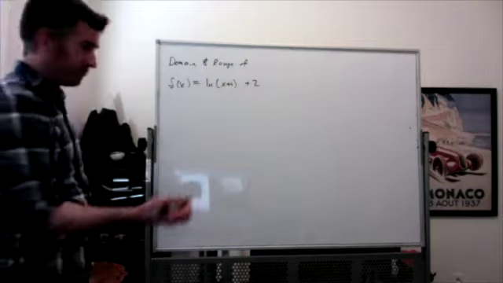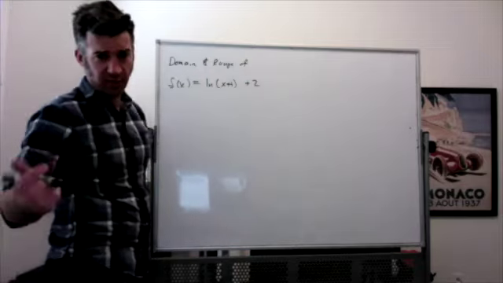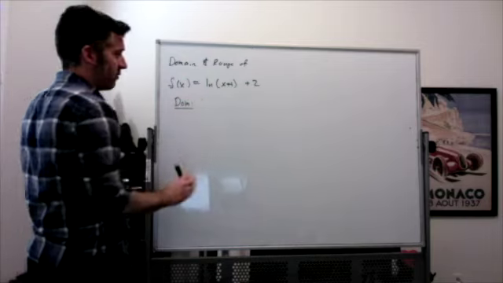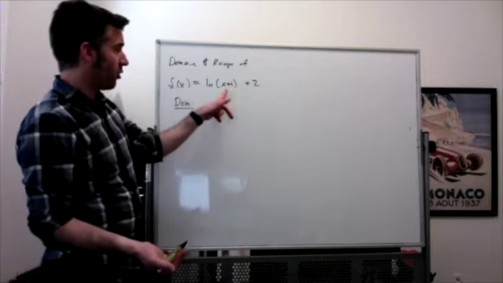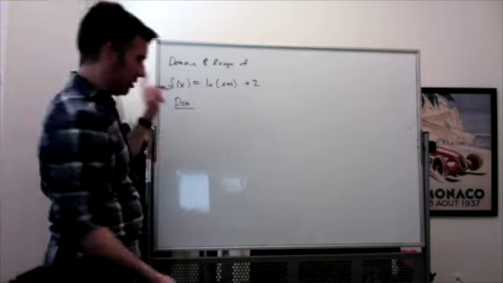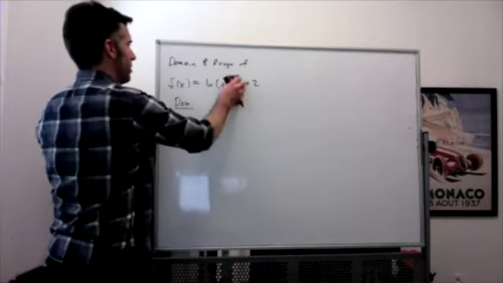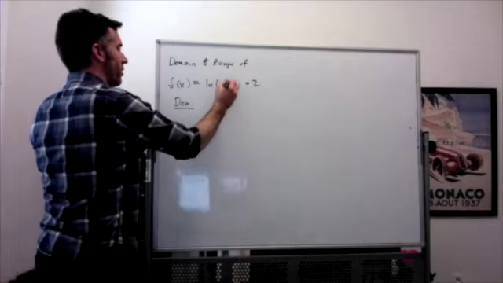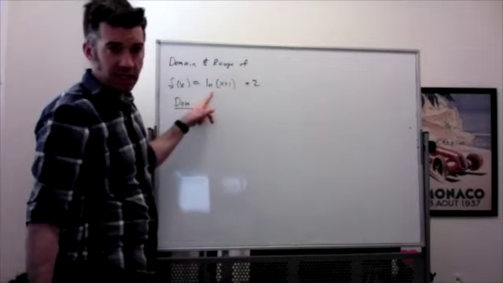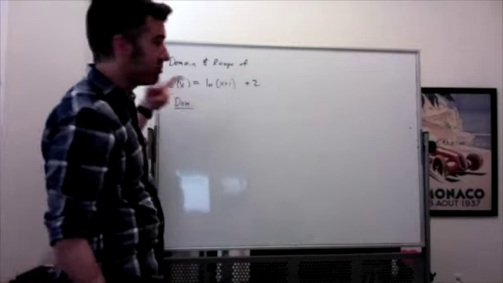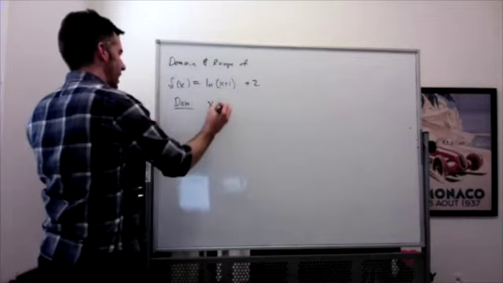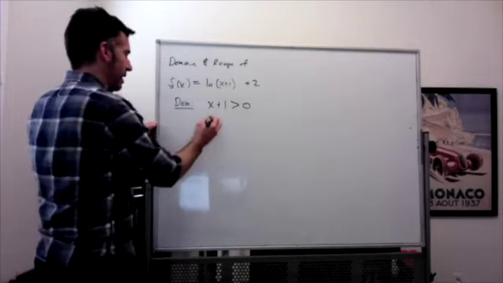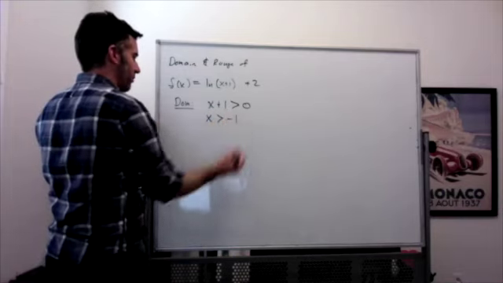So domain. We're also going to graph this one, but let's talk about domain. For a logarithm, the argument, or the inside, so that's x plus 1, whether it's base e or base 10 or base a million, the inside has to be strictly positive, which means x has to be greater than negative 1.